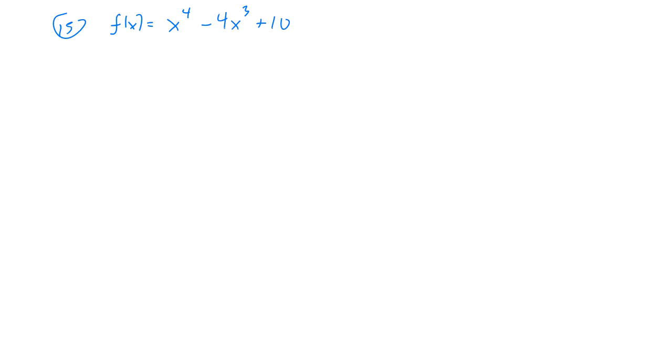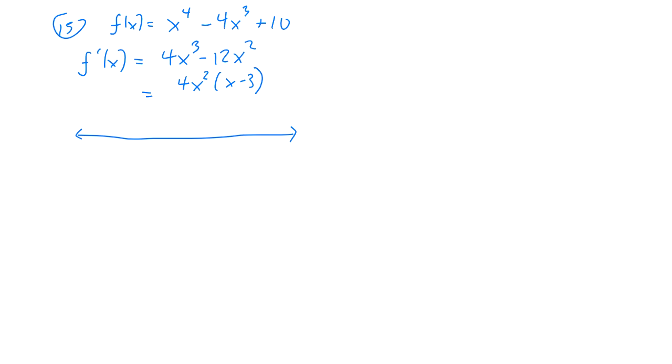So let's do all the first derivative stuff first. f prime of x is going to be 4x cubed minus 12x squared, which is the same as 4x squared times (x minus 3). Now you're going to need to watch me as closely as Karina did, make sure I don't make a mistake.